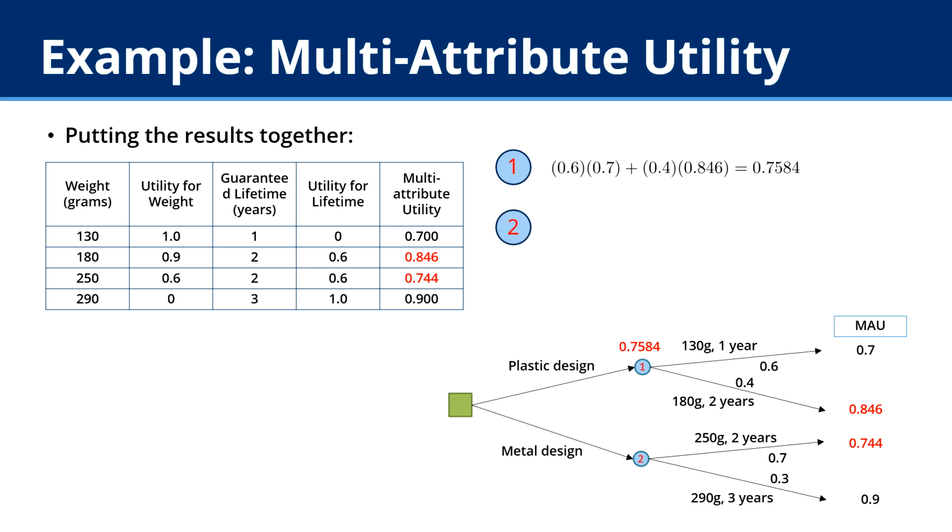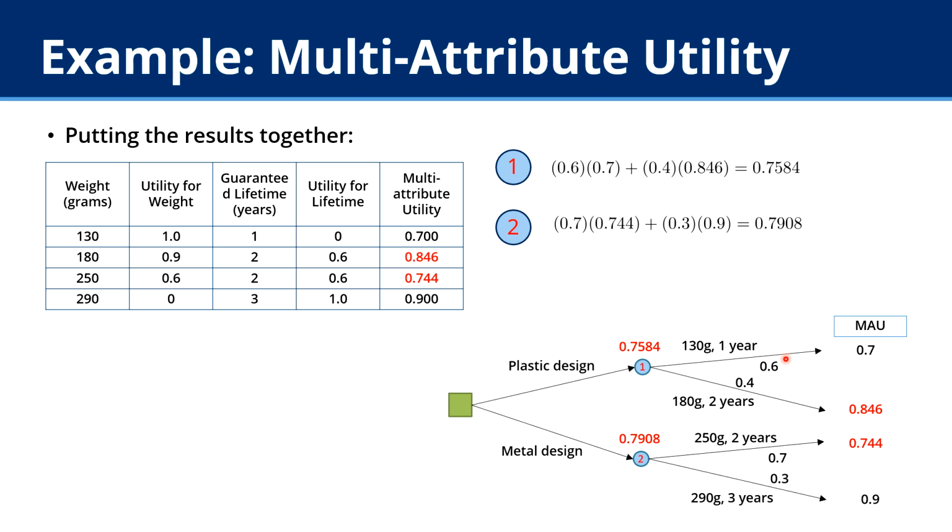Now we're going to move on to node 2. Node 2 is down over here. To get that value, same as before, 0.7 times 0.744 plus 0.3 times 0.9. You calculate the expected value there, and it's going to be 0.7908.